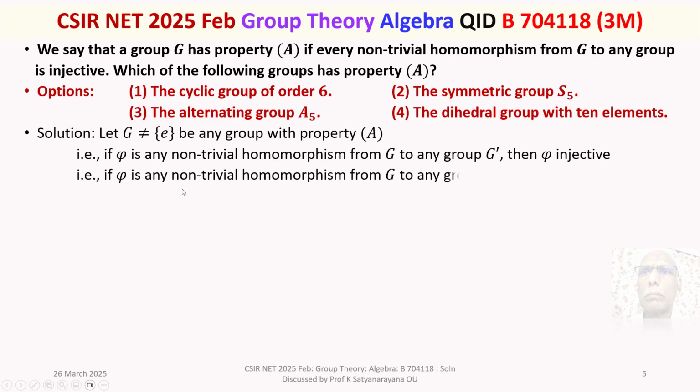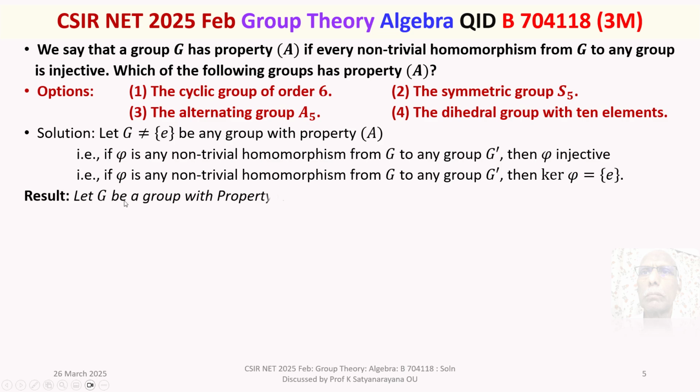That is, if phi is any non-trivial homomorphism from G to any group G prime, then phi is injective, means the kernel of phi is equal to E. Phi is injective if and only if ker phi is the singleton E. Now here we state a very small result, which will be useful for us now.